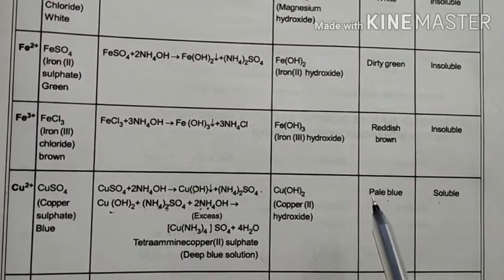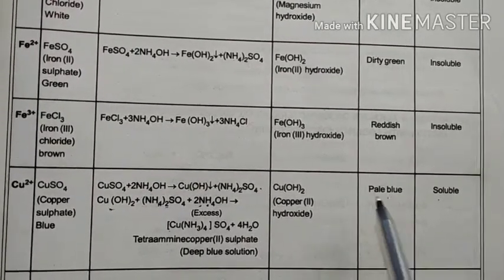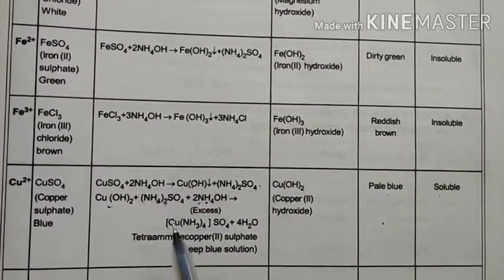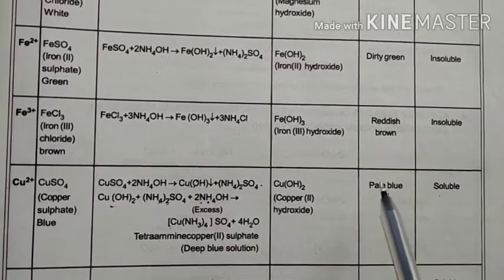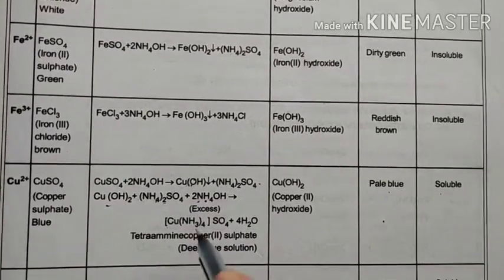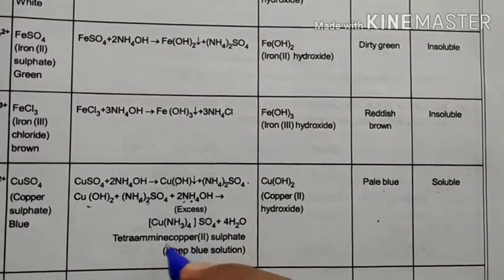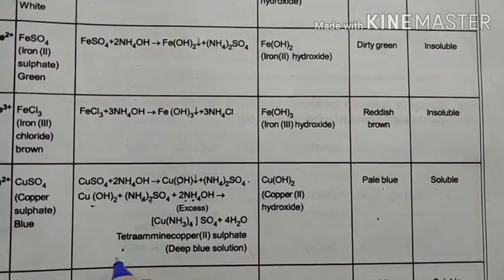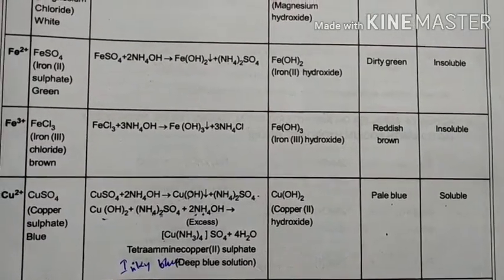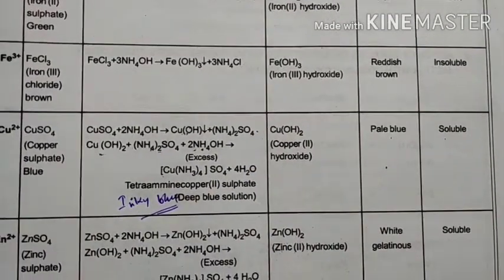So first a pale blue precipitate of copper hydroxide forms, and then excess ammonium hydroxide turns that pale blue precipitate into this inky blue solution. You can write it over here: this solution will be inky blue.